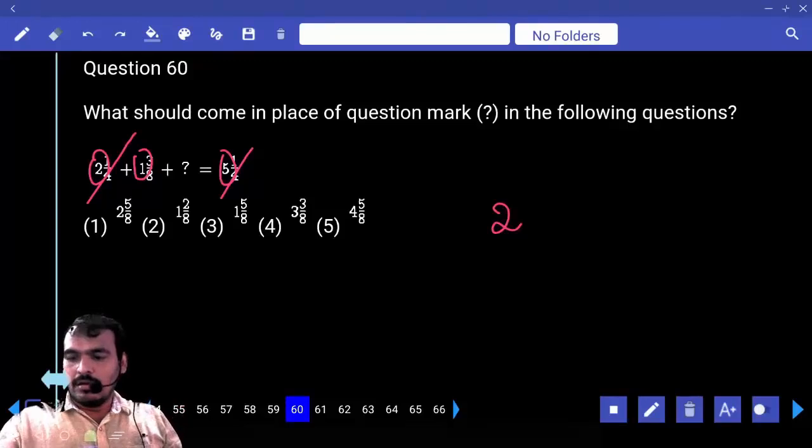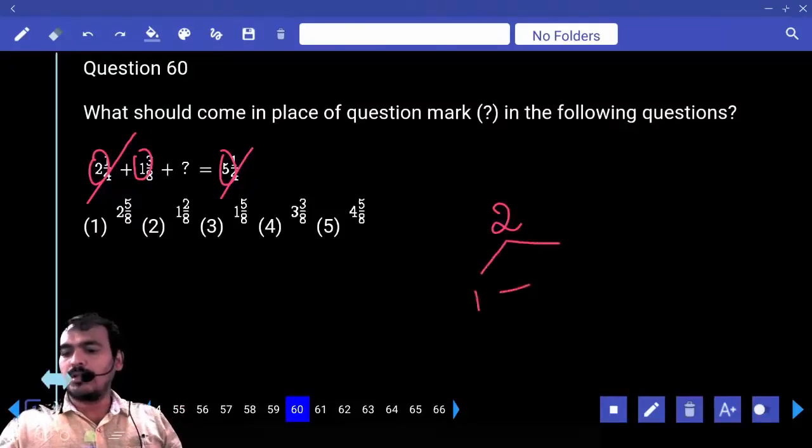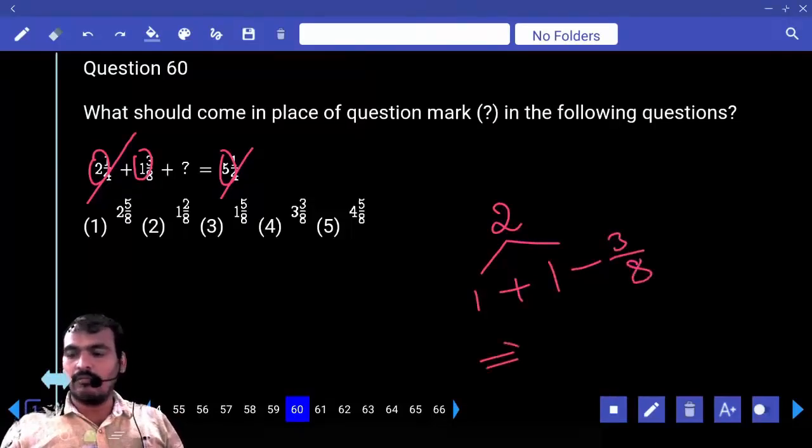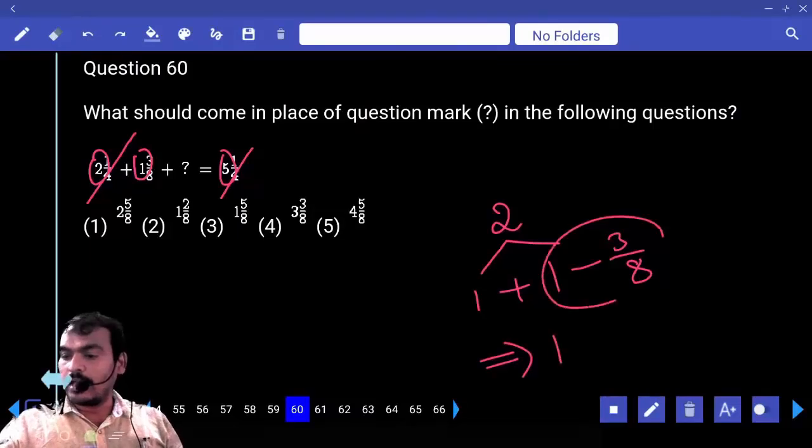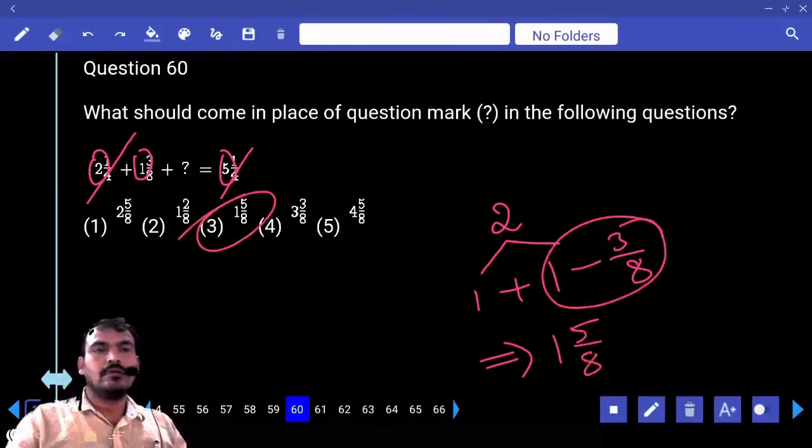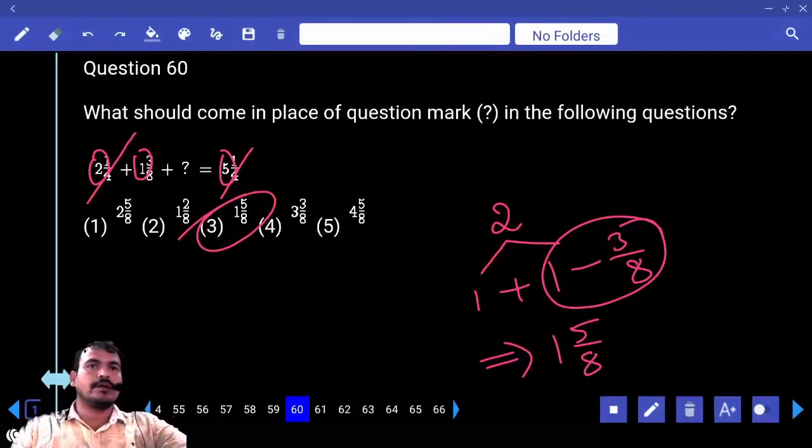Just wait. 2 is written as 1 plus 1. 1 minus 3 by 8 is 1, 5 by 8. Which option? Third option. First priority is integers, after that fractions.